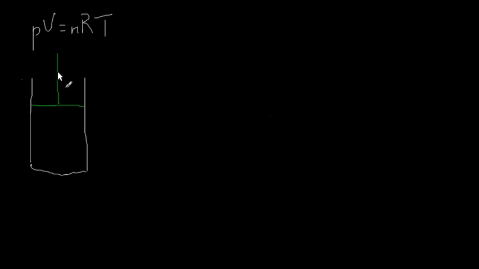So say I have a piece of stick there, and I can move this up or down. By applying some pressure here, I can push it down. And if I apply some pressure, the volume should decrease.